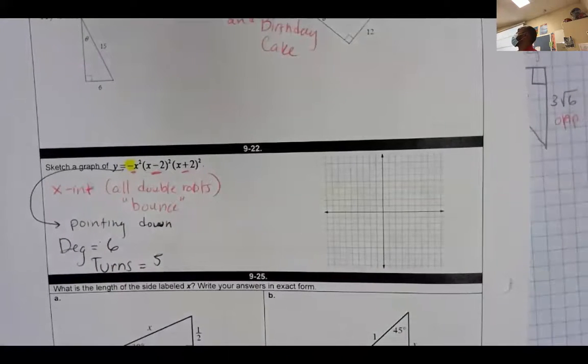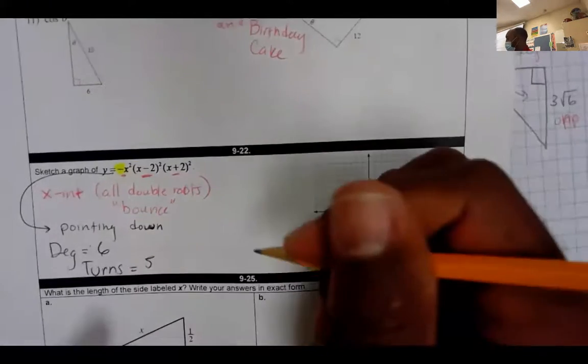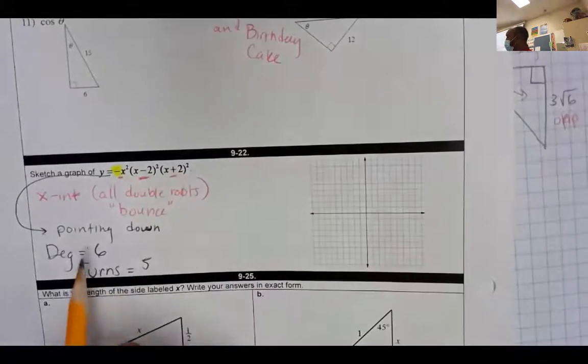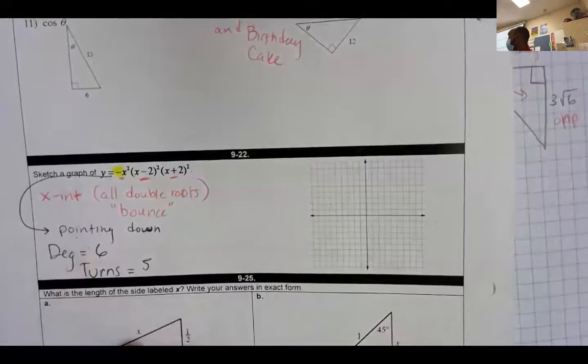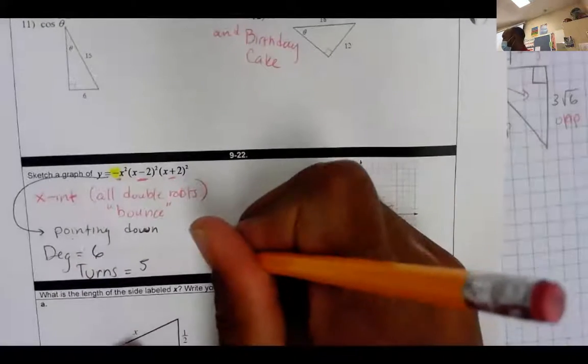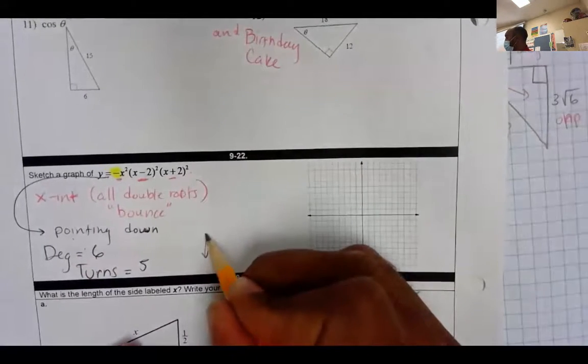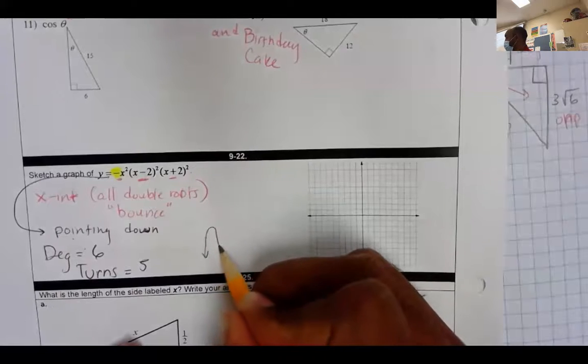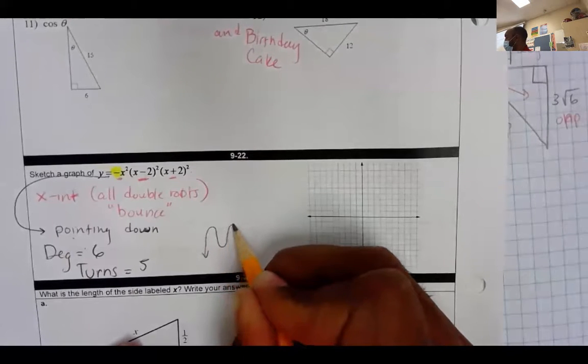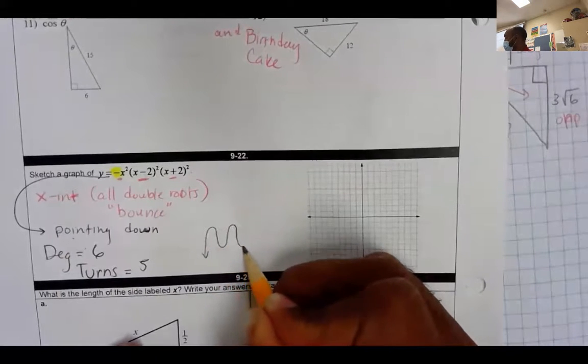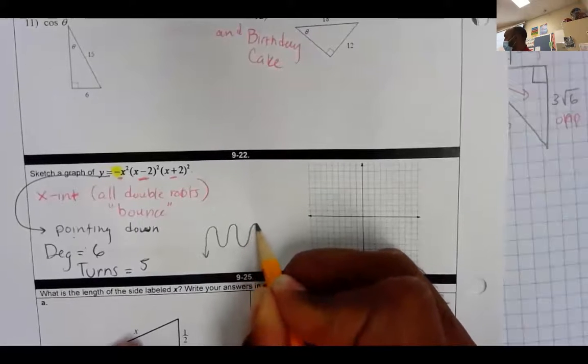All right, let's see if we can put it together now. It's pointing down. It has 5 turns, right? So I'm going to start by pointing down, and go 1, 2, 3, 4, 5.